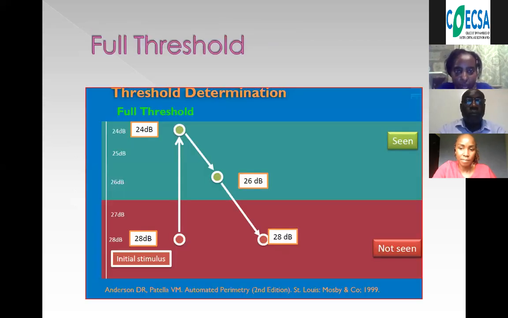In full threshold, if we remember, the initial stimulus is presented and the light is dimmed. This is done until the patient cannot see. And now when they cannot see, a brighter stimulus is added. So in this case, at 28 the stimulus was not seen, but at 24 it was a brighter stimulus, so they could see.